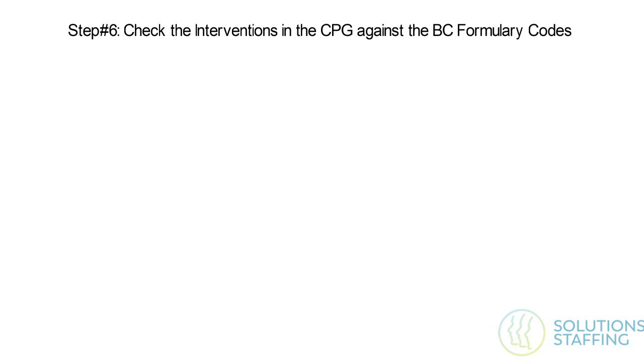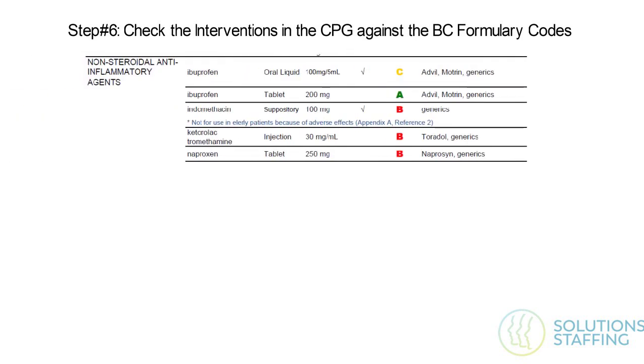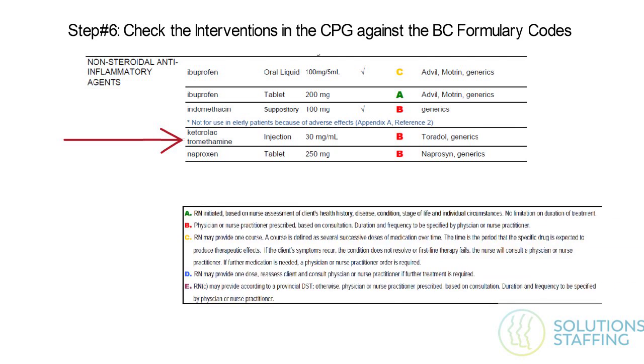Next, you will need to check the recommended interventions against the BC formulary. If they are advising something that an RN can give, categories A, C, or D, you can proceed with dispensing. If, however, such as the Toradol in this example, it falls into a B category, you will need to consult. If it falls into an E category and you are remote certified, this point is really important, you are not able to dispense that medication.